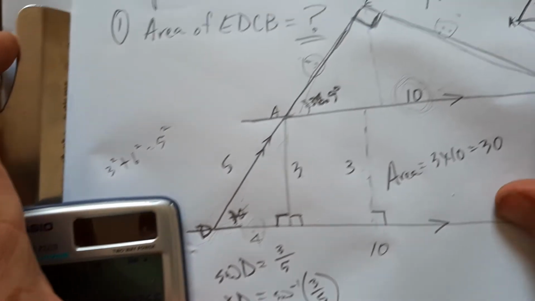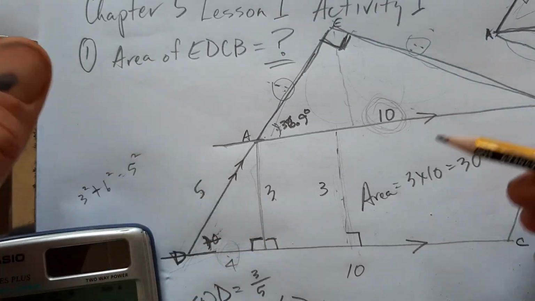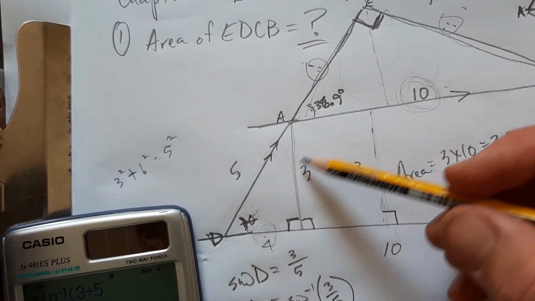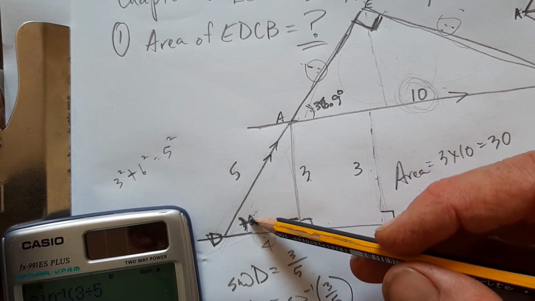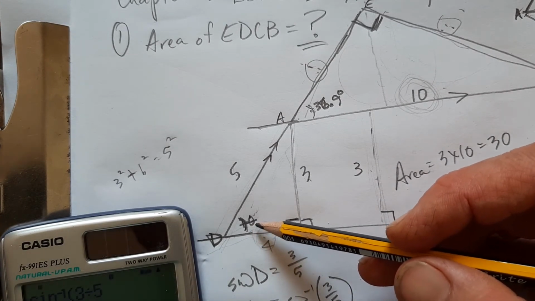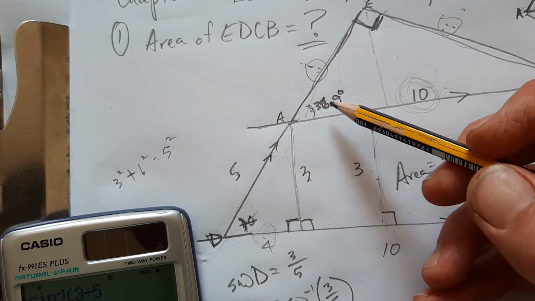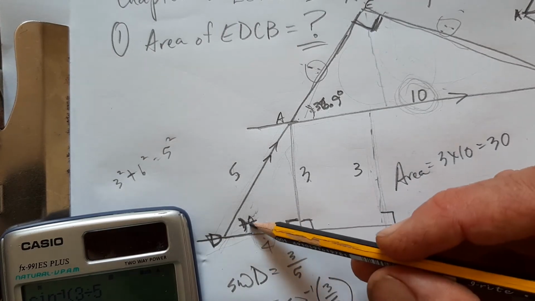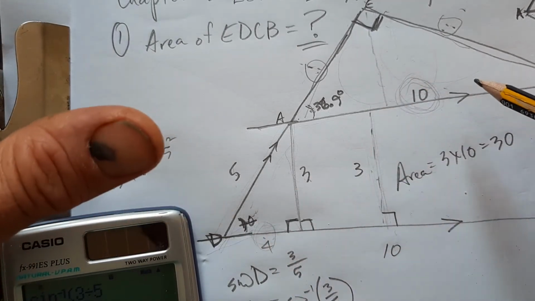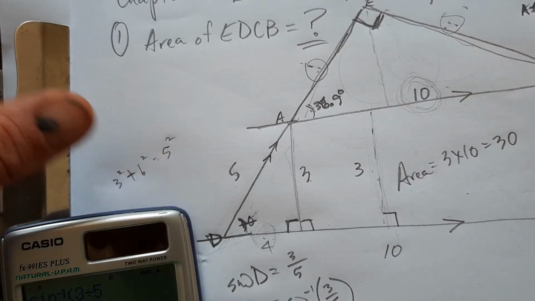This drawing is horrific because it really messes with you, because obviously this angle, and I think I did a pretty good job copying what they drew, is not a 36 degree angle. It's more like a 60 or 65 degree angle, so it makes the drawing completely wackadoo.